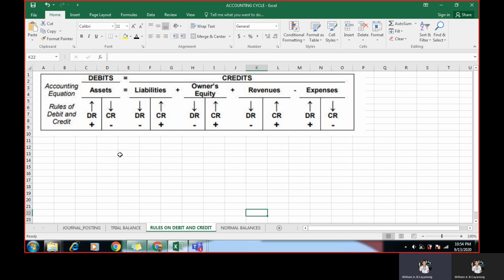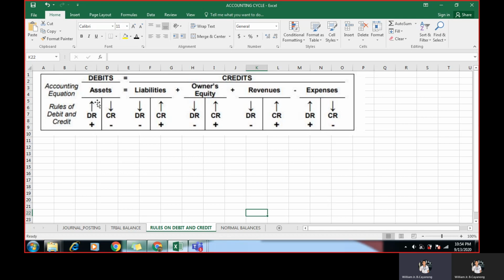Okay, so we have here an illustration presented to you on your screen. We have debits: assets, and credits: liabilities, owner's equity, revenues. Expenses is not a credit normal balance but a debit normal balance.